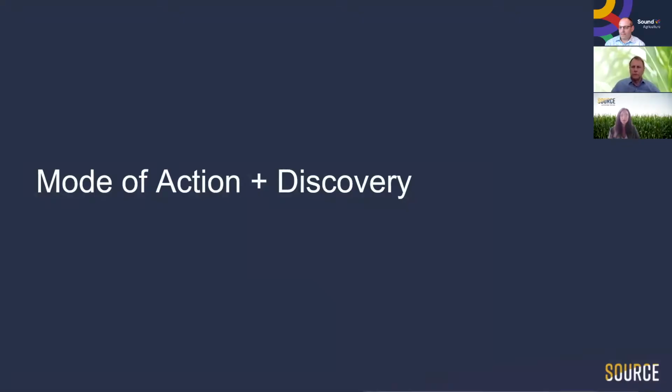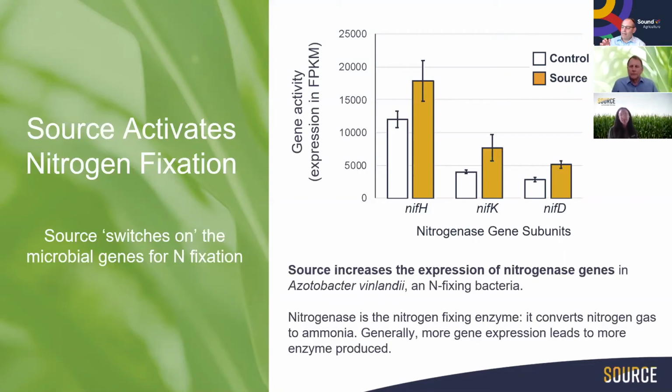I want to walk a little bit through our mode of action and discovery work to get you a little more comfortable with how SOURCE is working. The first way we look to confirm our mode of action of SOURCE increasing nitrogen activity is by measuring the expression of gene activity of 3 known nitrogenase subunits. Nitrogenase is a nitrogen-fixing enzyme converting nitrogen gas to ammonia.